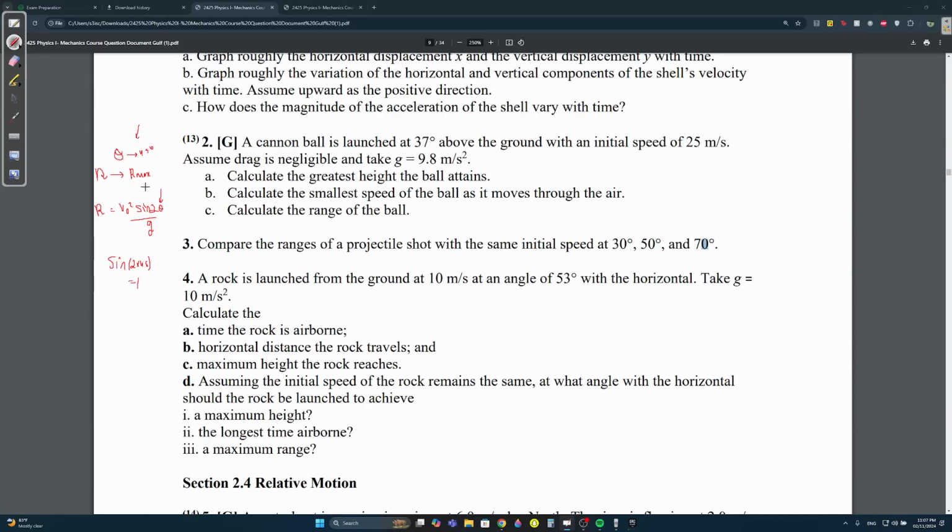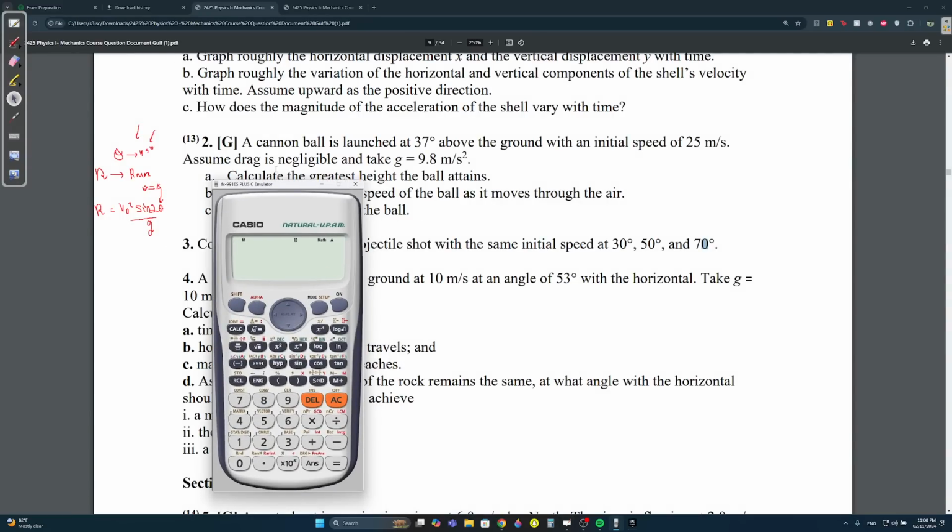If theta was 15, sine 2 times 15 would be 0.5. And what's easier to multiply by, 1 or 0.5? Obviously 1 will get you a bigger answer. So as you get closer to 45, you have a larger sine 2 theta and a higher range.